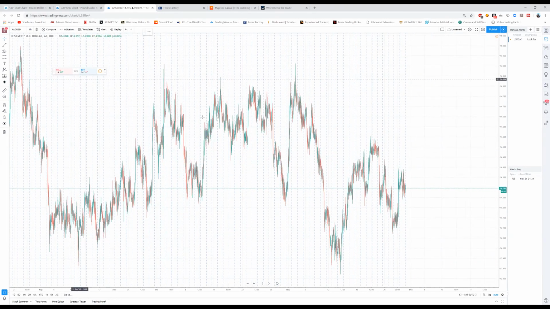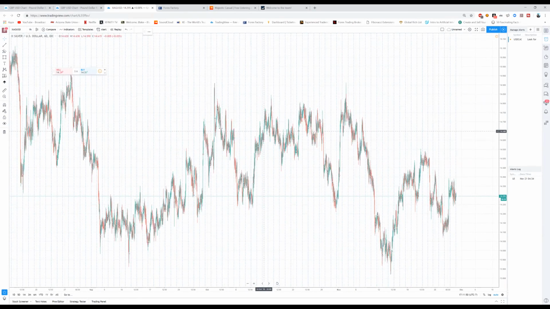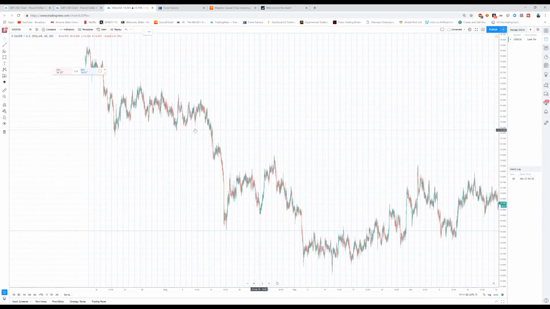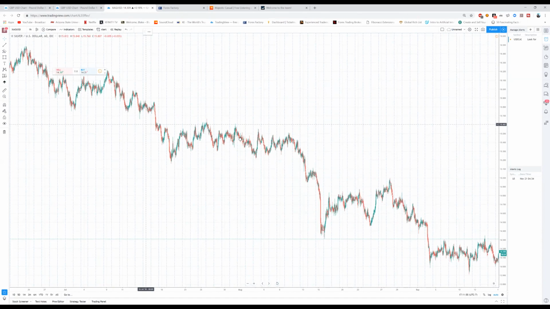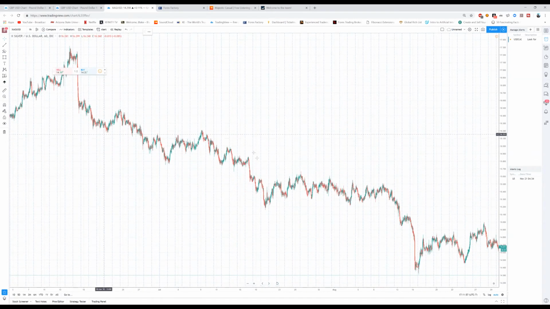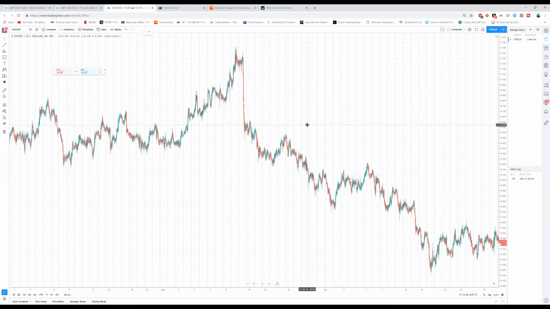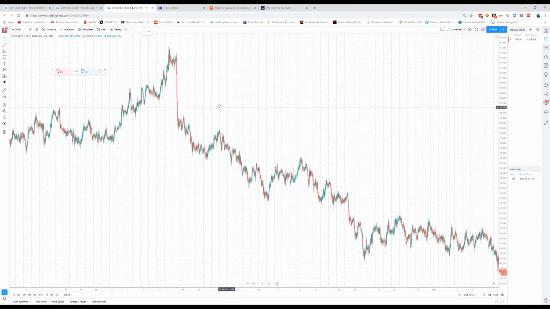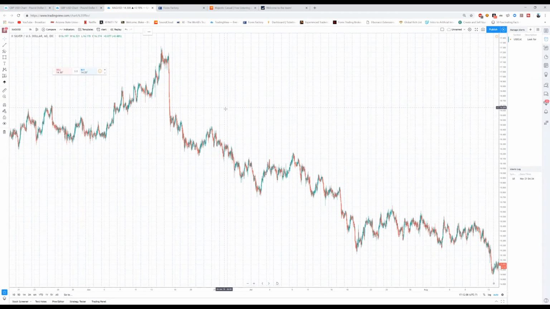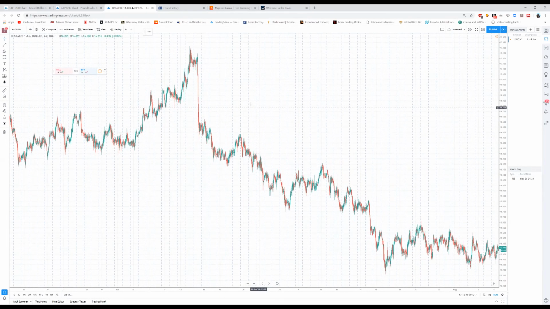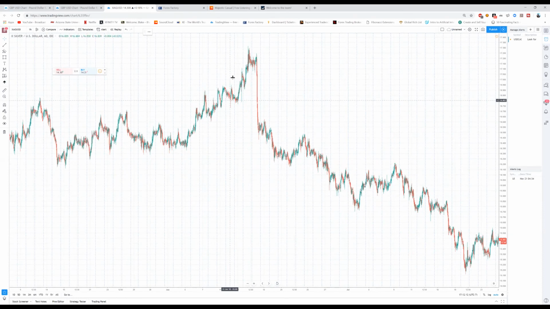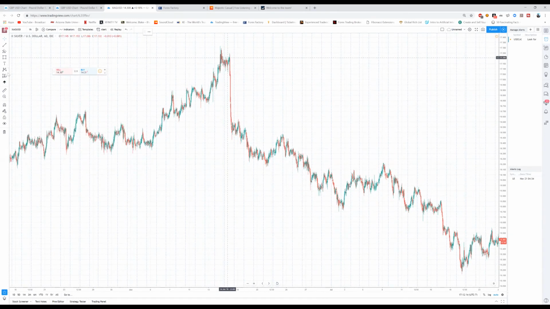So on silver, it moves really nice. What I mean by that is if you can catch the start of a move, you can assume within reason it's going to continue in that same direction for quite a long time, a little bit more than normal currency pairs. So let's say that we got a really good entry in this general zone around there.